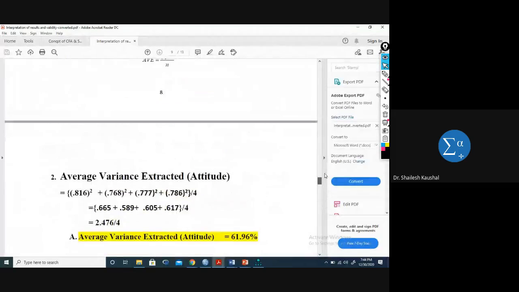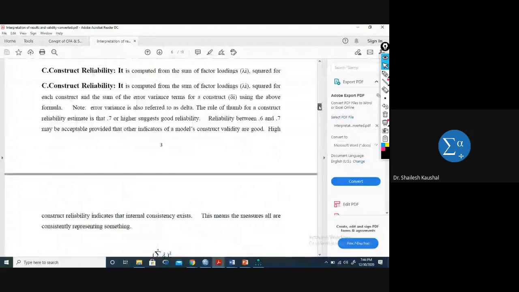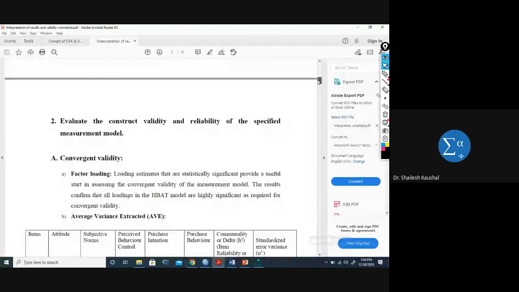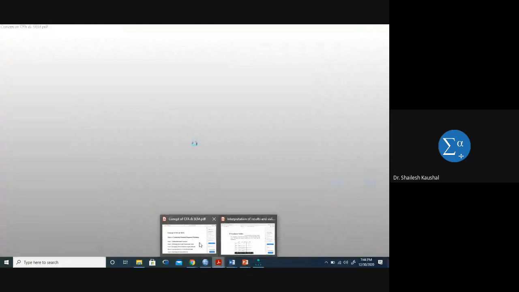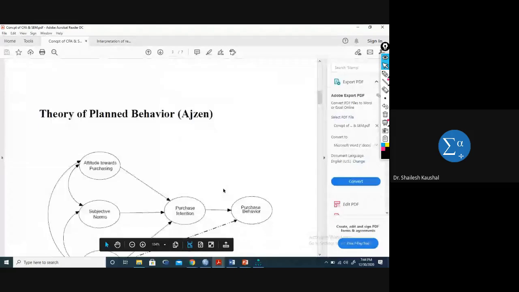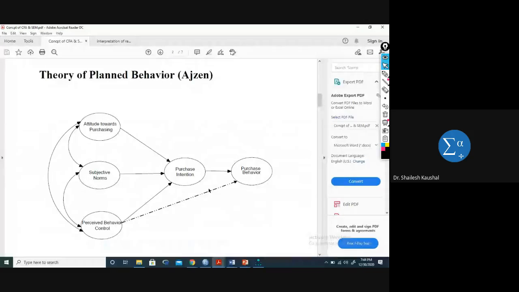This is the theory of planned behavior. I am using this model to perform the structural equation modeling.